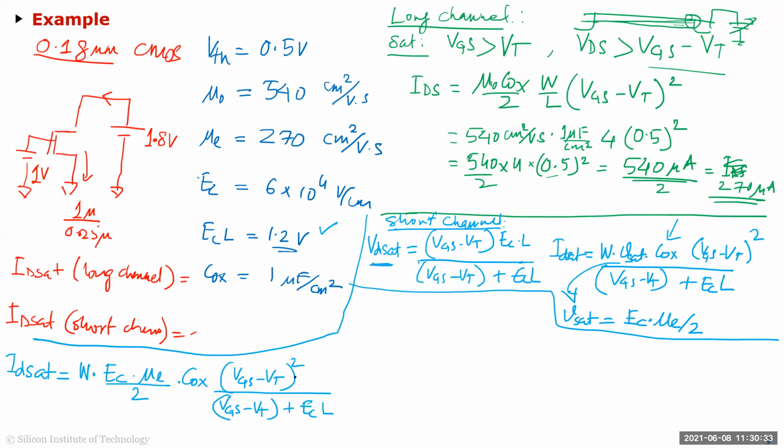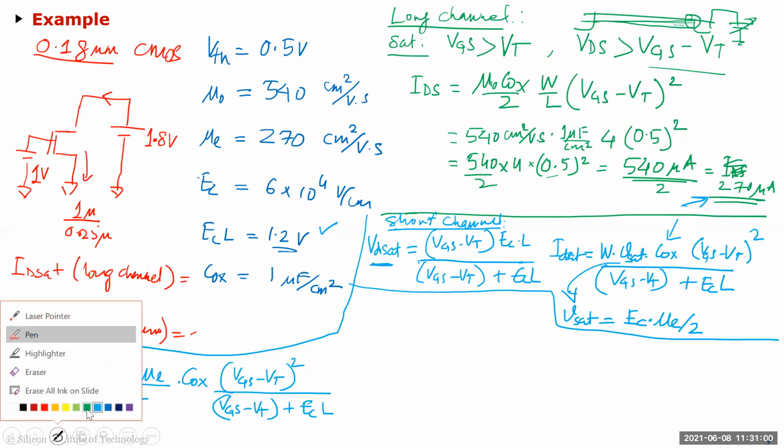So if I can use this result, then my chances of minimizing error or getting to the result quicker are more likely. I see that I got mu Cox over 2 VGS minus VT, but I want W over L mu naught Cox over 2 VGS minus VT to get there. So let me switch to another color here.